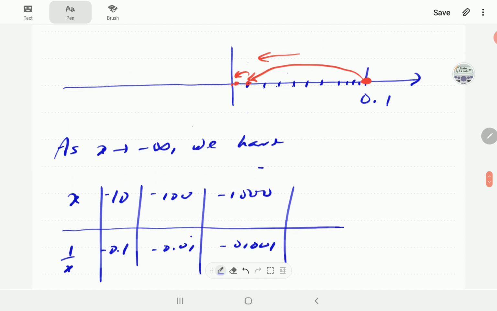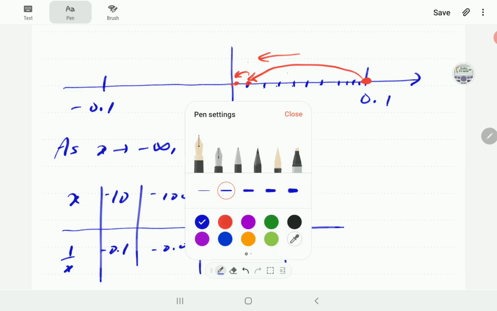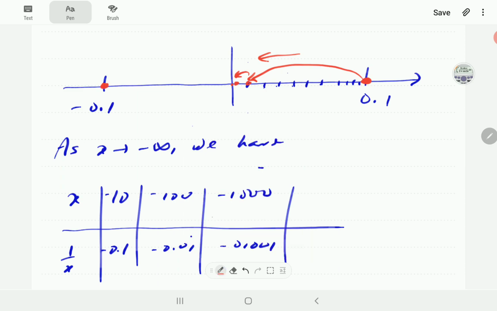If we come back to this number line, this time these numbers are coming from the left. When x is negative 10, our y is here. When x is negative 100, it jumps to here. When x is negative 1,000, it jumps to there. So again, this is going to 0. It's just that it's going to 0 from the left.